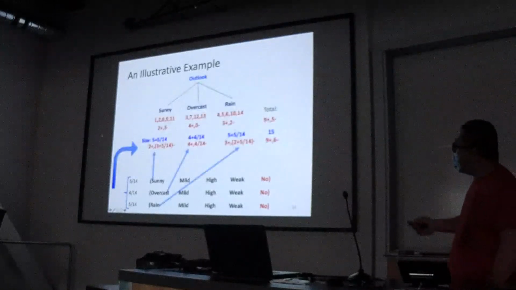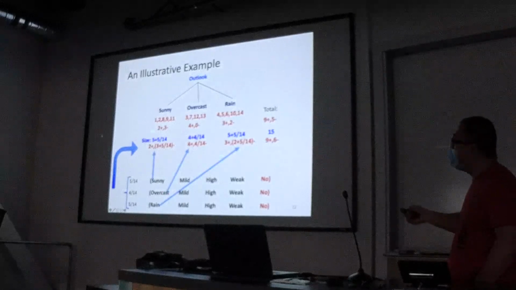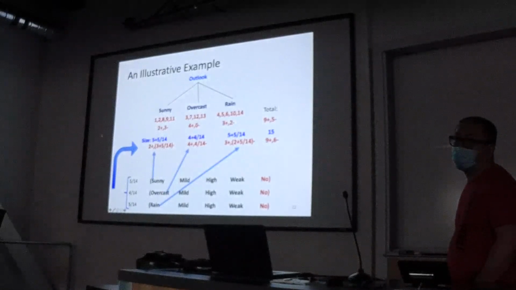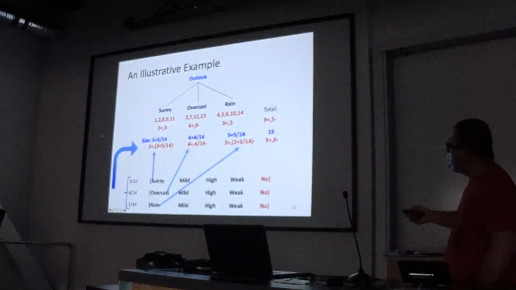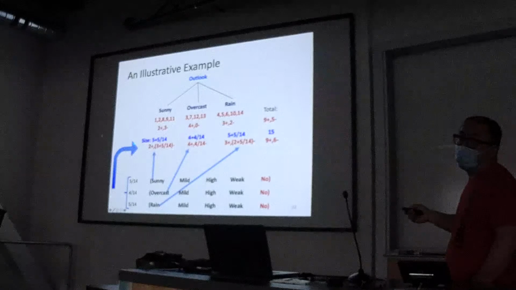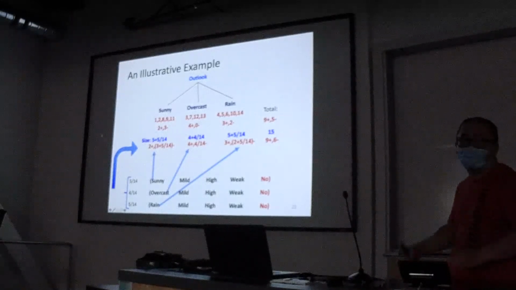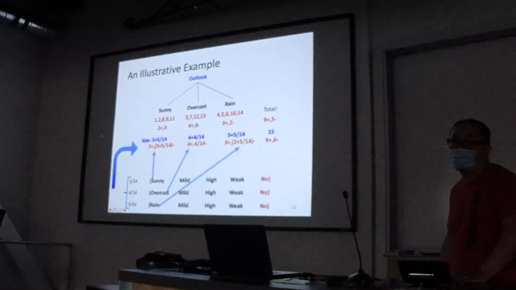Now, when we add the incomplete example into the computation, that means we add 3 fractional examples into the 3 subsets. So we should be aware that the total size of each subset now becomes a continuous number. It's not an integer anymore.